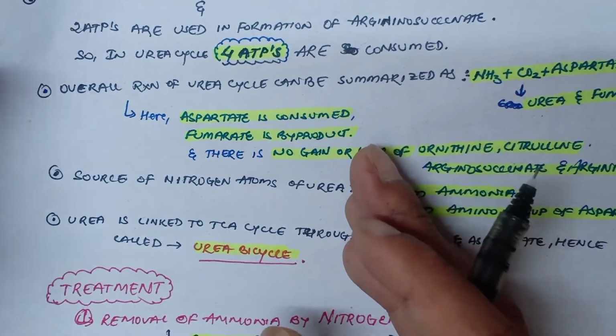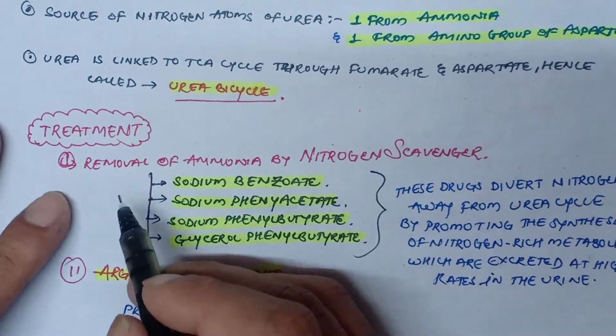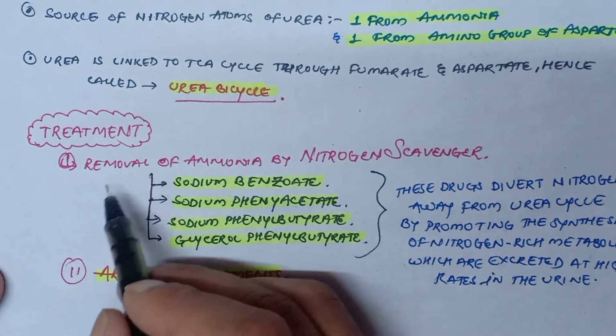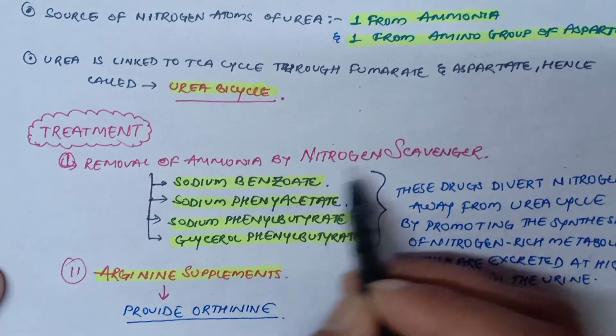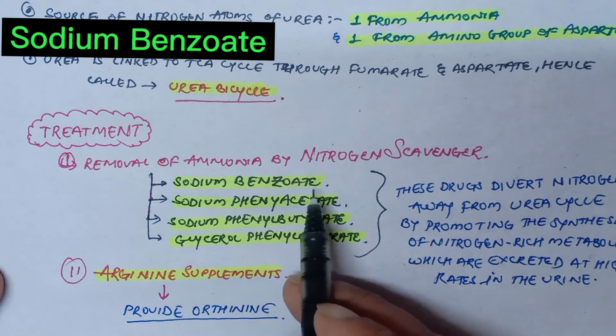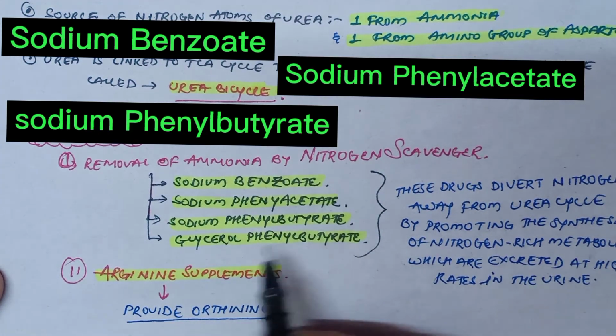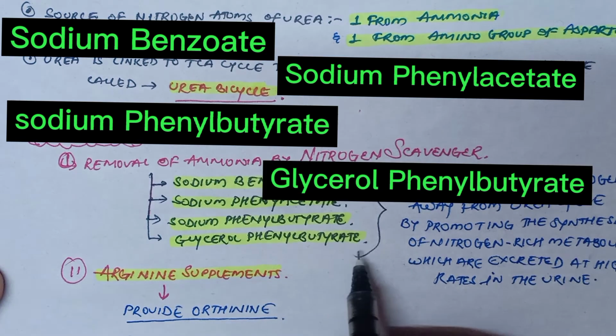Now how will you treat this patient? Treatment includes removal of ammonia by nitrogen scavengers. So these drugs are sodium benzoate, sodium phenyl acetate, sodium phenyl butyrate and glycerol phenyl butyrate.